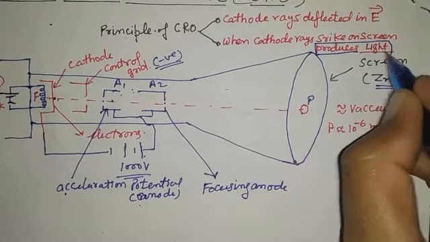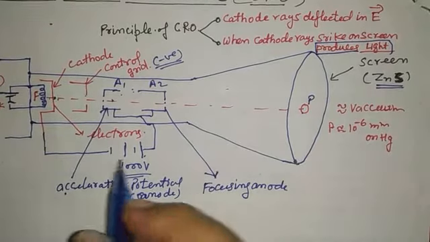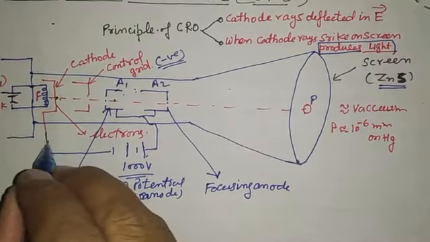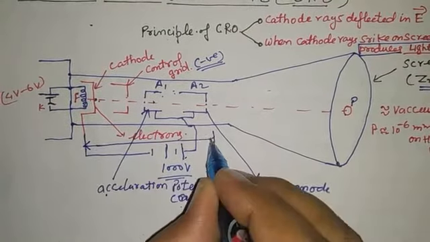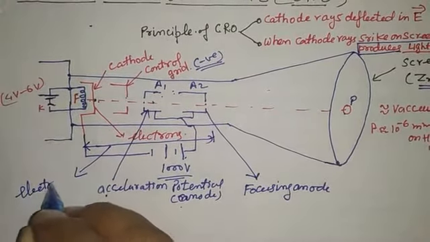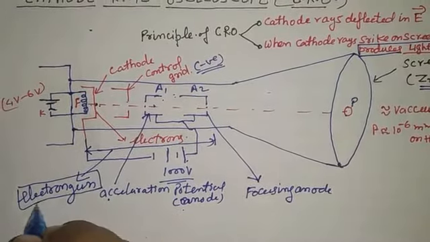See in this, the second property. In this CRO, from here to here is called the electron gun. Why is it called an electron gun?